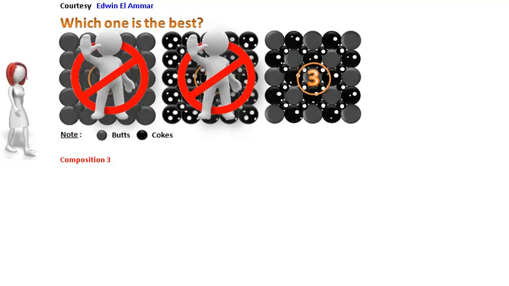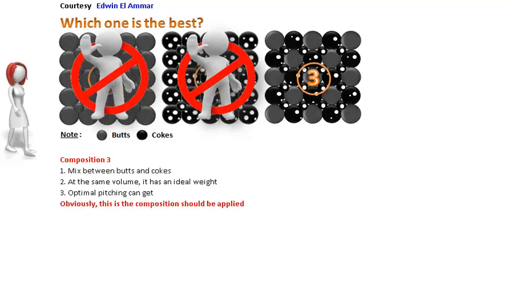Composition 3. 1. Mix between butts and cokes. 2. At the same volume, it has an ideal weight. 3. Optimal pitching can be obtained. Obviously, this is the composition that should be applied.